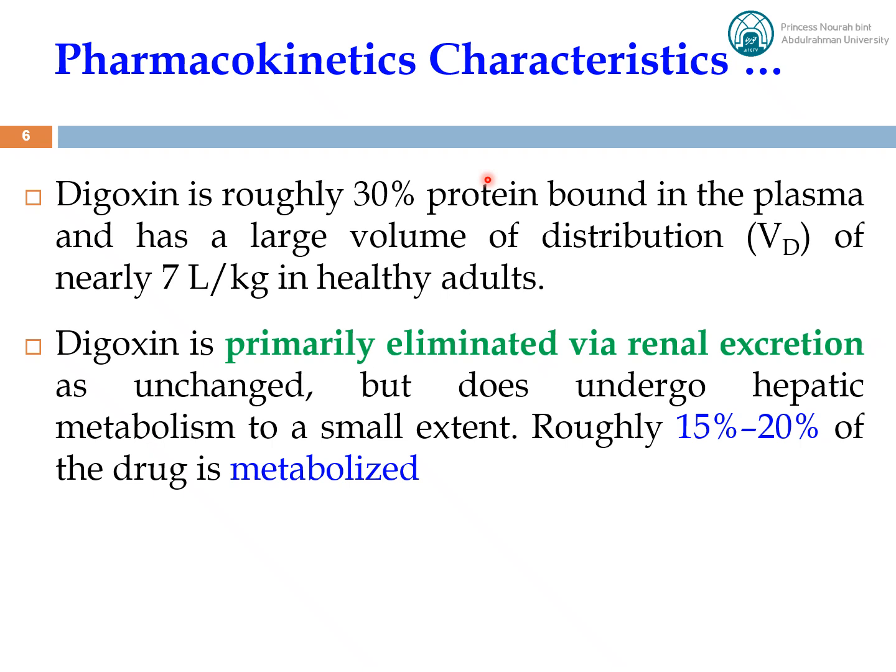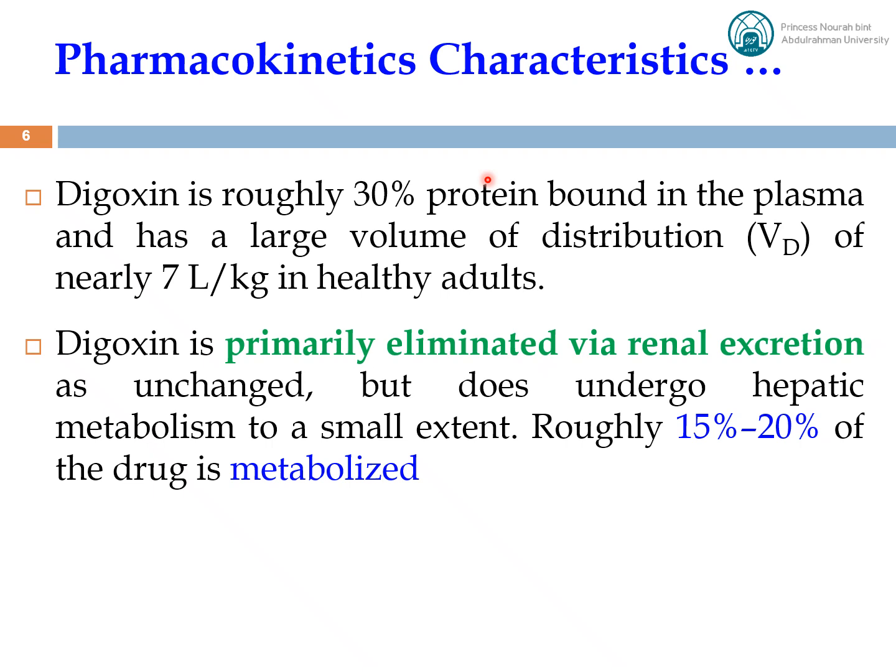We talked about two examples: for elixir, it is 0.8 or 80% because it is liquid, while for oral tablets, it is 0.7. And another pharmacokinetic parameter was the half-life of elimination, which is 48 hours.